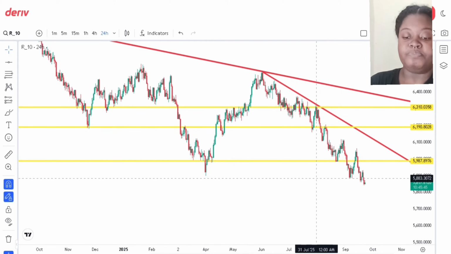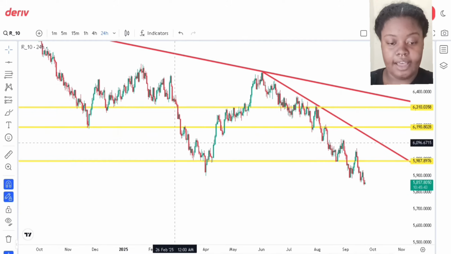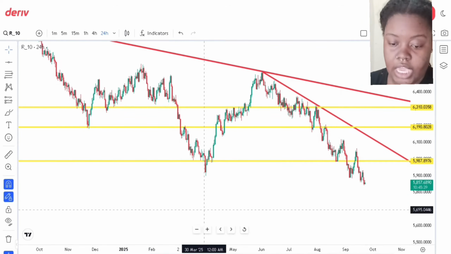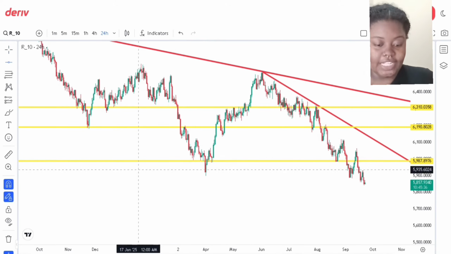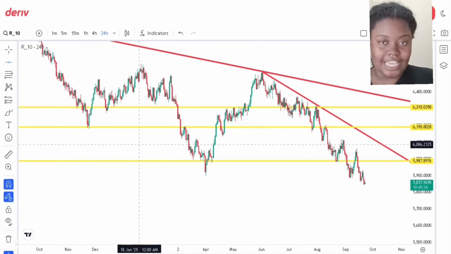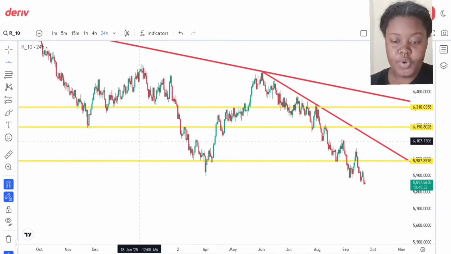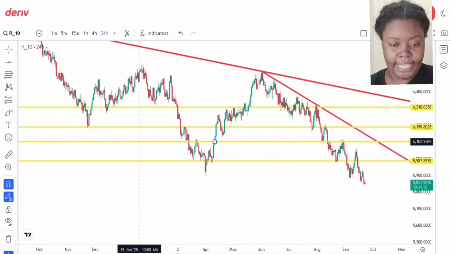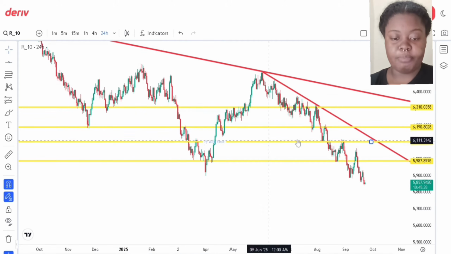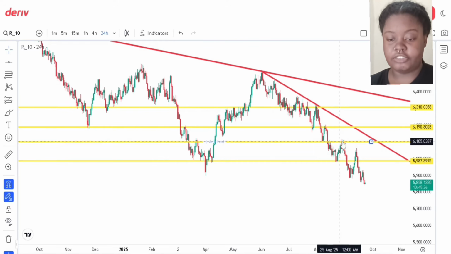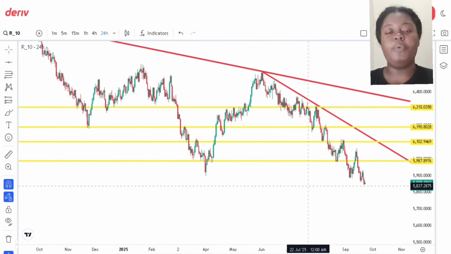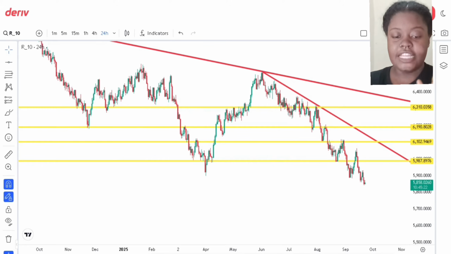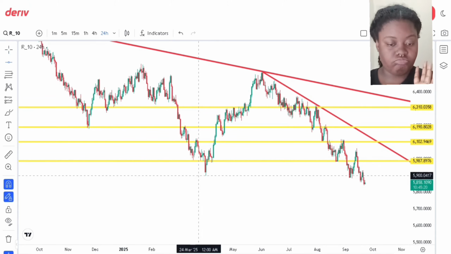Very important. Okay, do we have one more? It's really tight, but we have support, resistance, supports, resistance, and so on. So we have our key levels outlined. There's also one more down here.